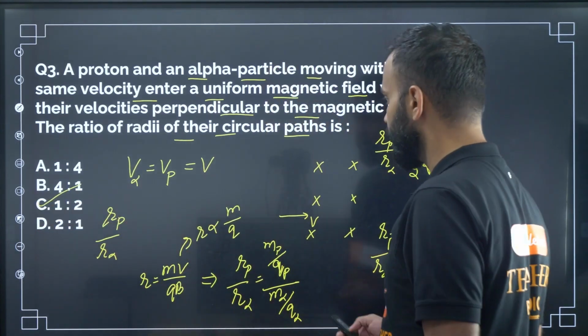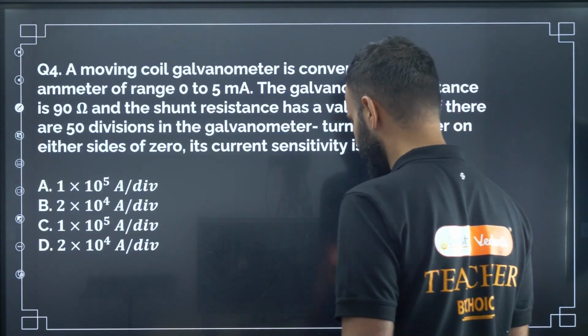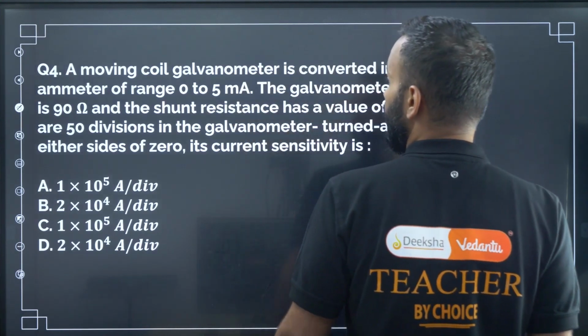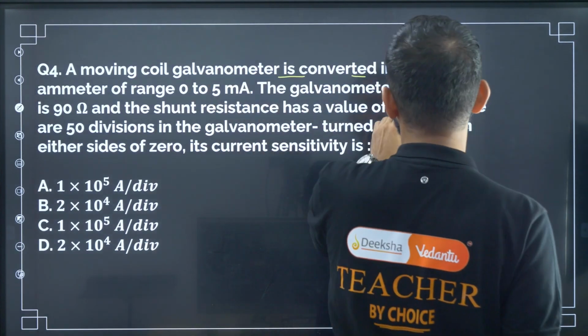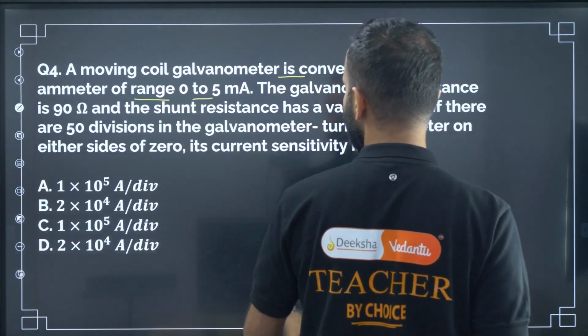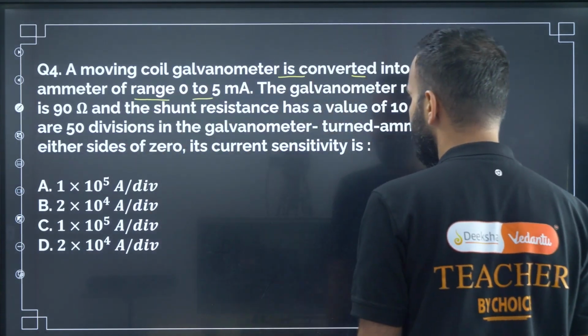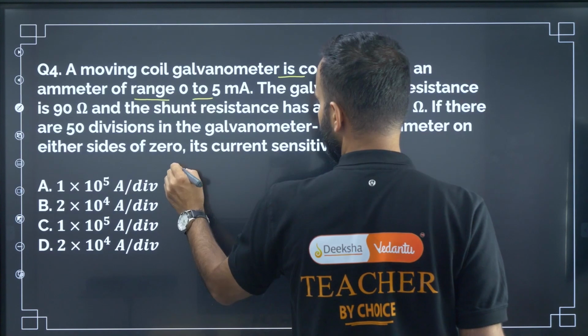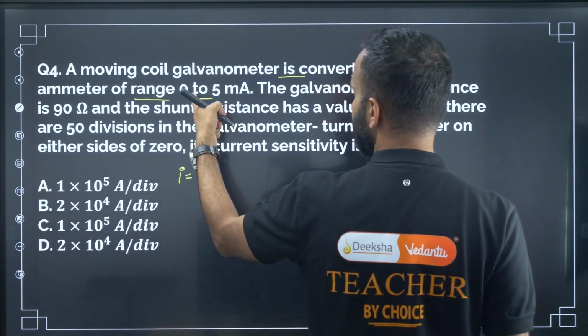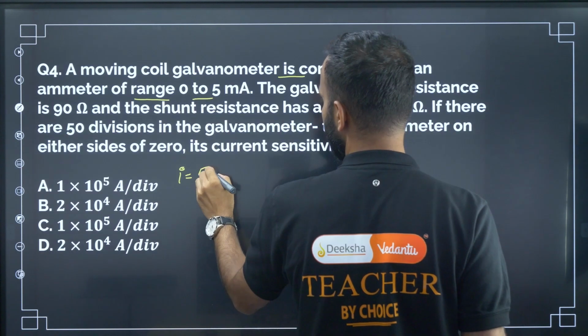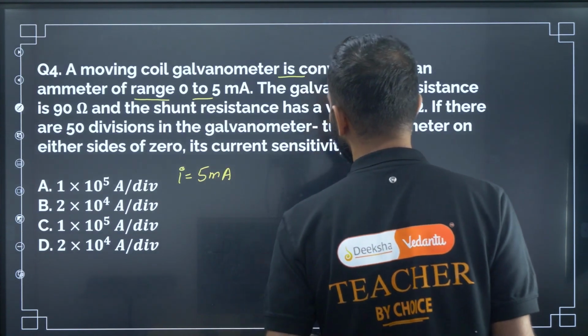Question number 4. A moving coil galvanometer is converted into an ammeter of range 0 to 5 milliampere. So I equal to 5 milliampere.